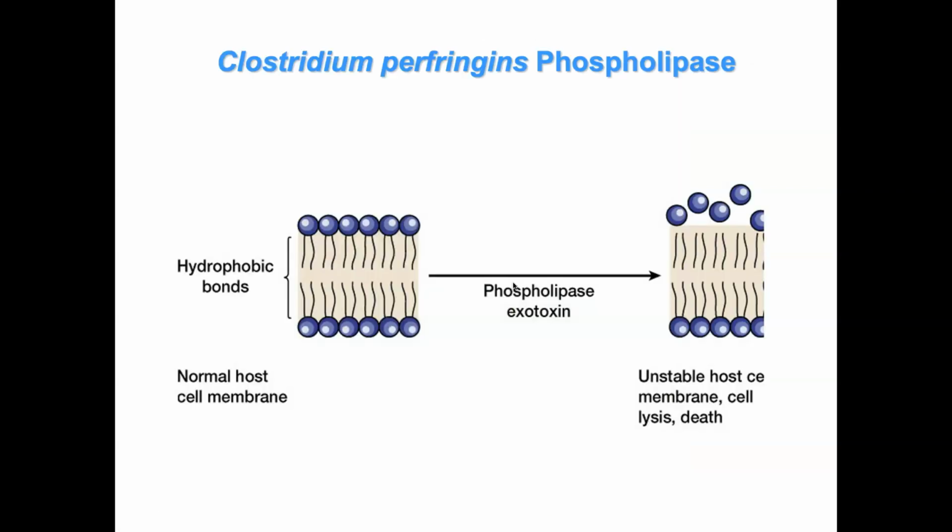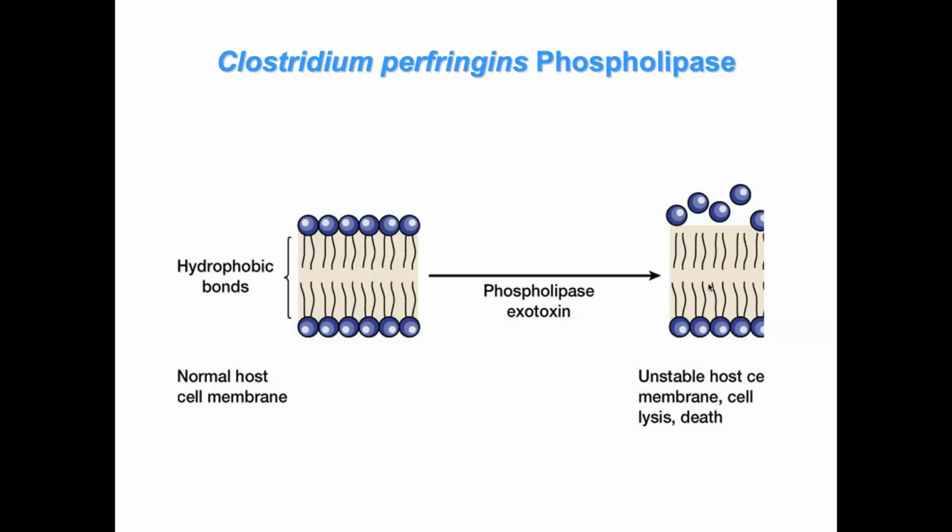For phospholipases, here we see the normal cell membrane with our lipid bilayer. If the organism releases phospholipase exotoxin, you're going to see that it's going to disrupt this phospholipid bilayer. A gram-positive rod that causes gas gangrene is an example of an organism.